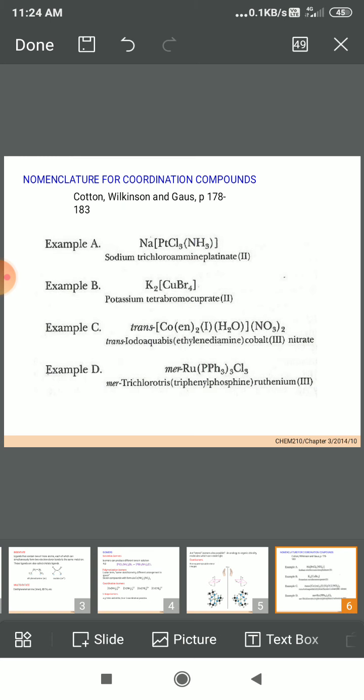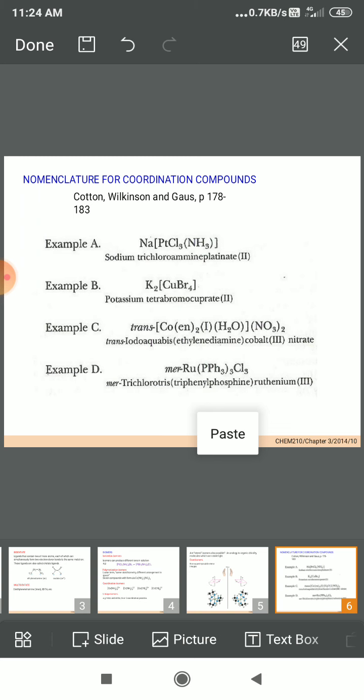The oxidation state of platinum is 2. Then the second example is potassium tetrabromocuprate(II), K2CuBr4. There is a presence of 4 bromine atoms and potassium. The oxidation state of copper is 2.